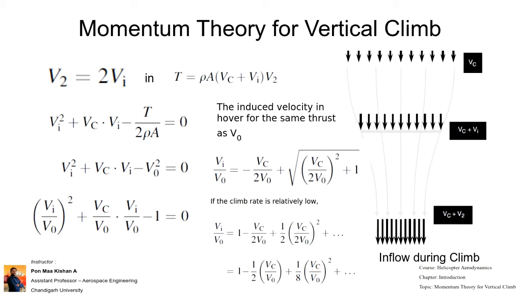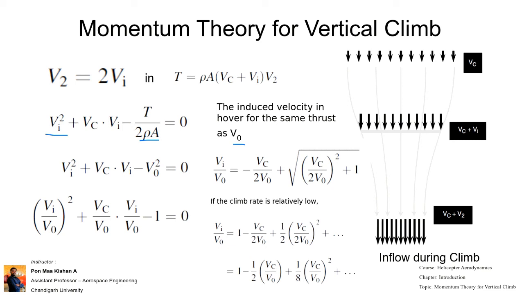So in this equation, we can identify that T by 2 rho A, which we have already seen as the induced velocity during hovering. For understanding, I am putting H to indicate hovering, in order to avoid confusion between induced velocity during climb and induced velocity during hovering. So I have just indicated that as V naught.